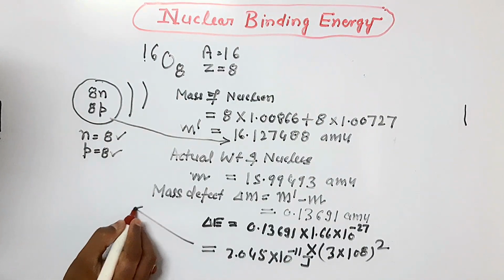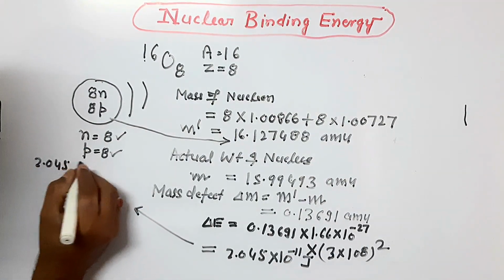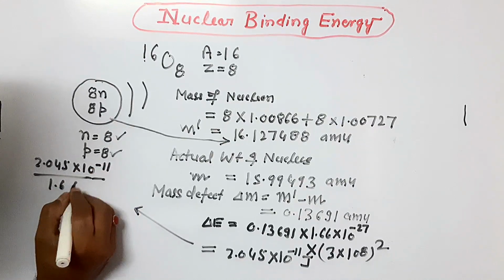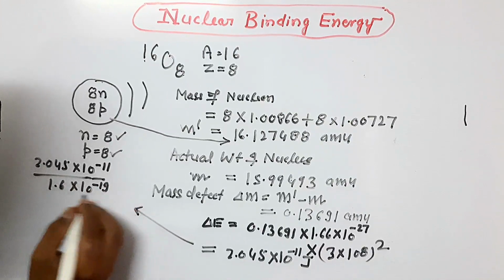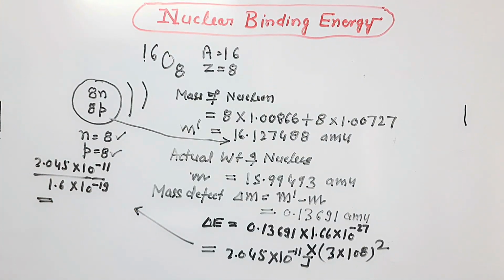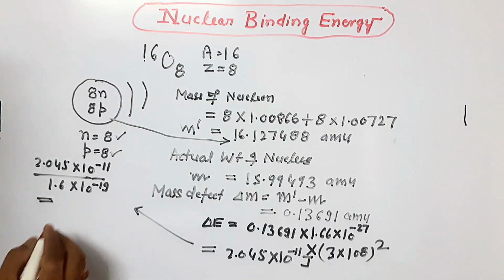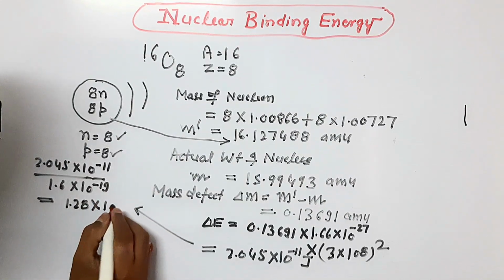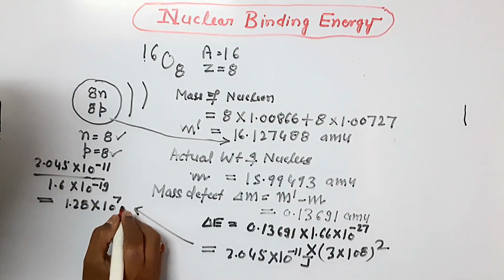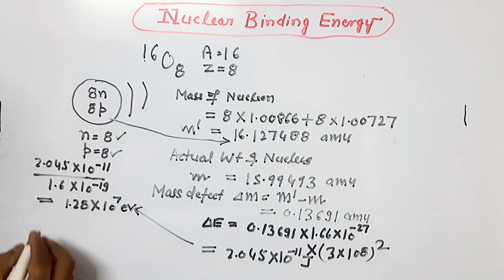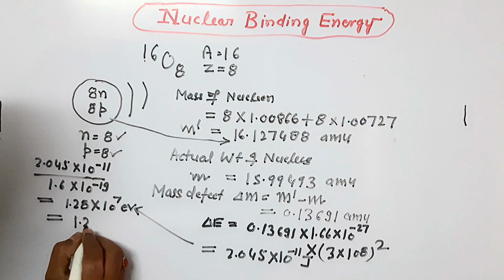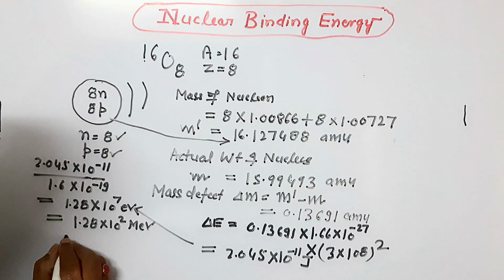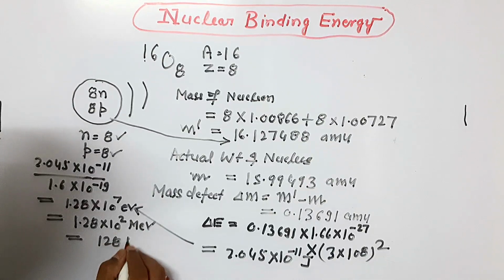Dividing by 1.6 times 10 to the power minus 19, that is the electronic charge, you get the answer in electron volt, which is 1.28 times 10 to the power 9 eV, and converting into MeV, 1.28 times 10 to the power 2 MeV, which is equal to 128 MeV.